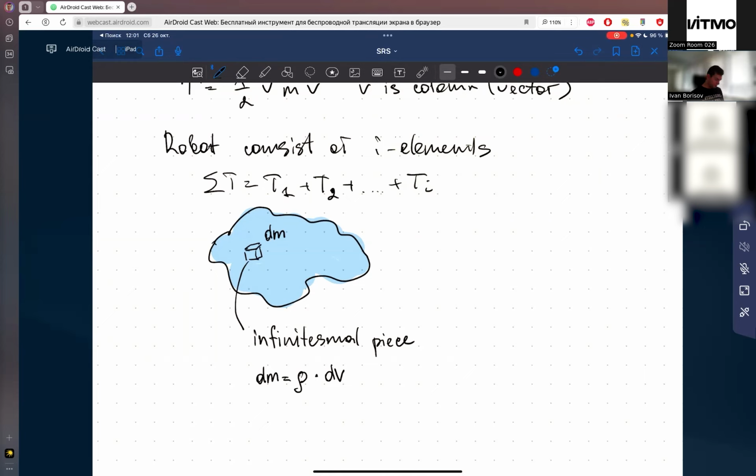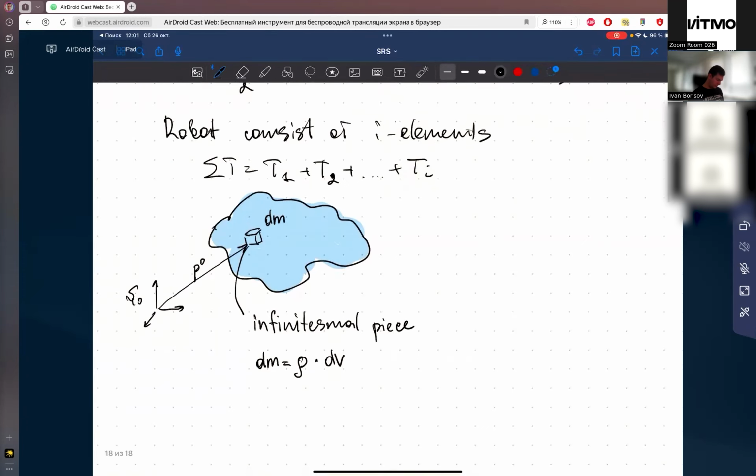And we can say that there is some frame C0, and we can describe the position of this infinitesimal piece as P0. And then let's assume that the body itself also has a frame.